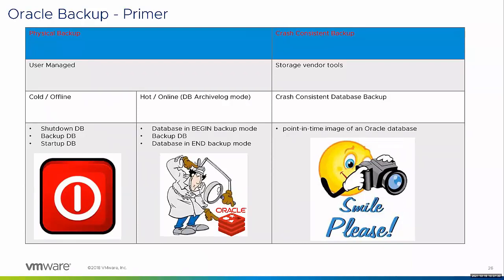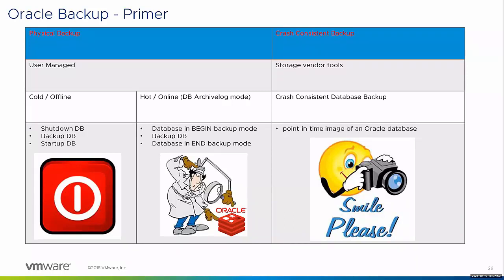And last but not least, at some point the storage vendors came out and said, we don't want to go the cold backup route or the hot backup route. Can I take just a snapshot of a running database, and would you, Oracle, promise to bless it and say, yes, it's an acceptable way of backup? Oracle did the research and came back and said yes, we have what's called a crash-consistent database backup.